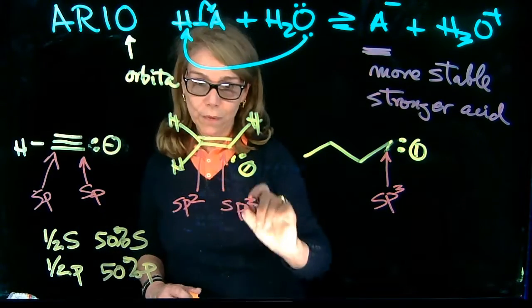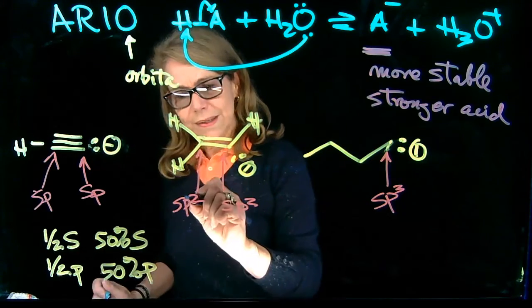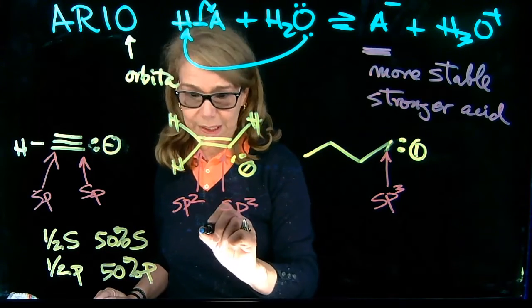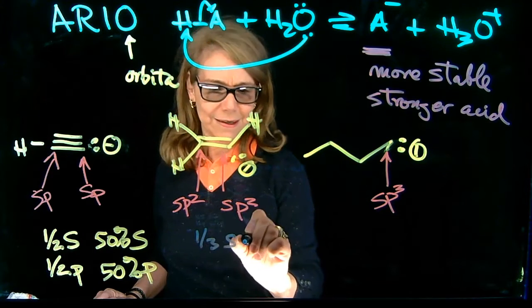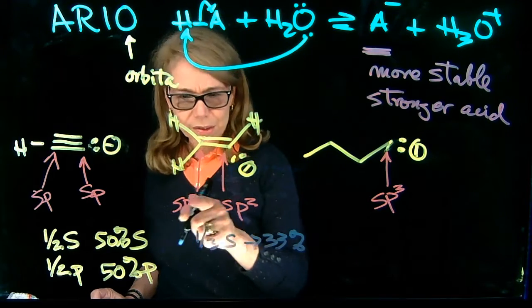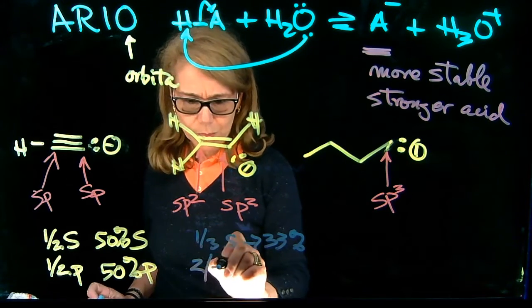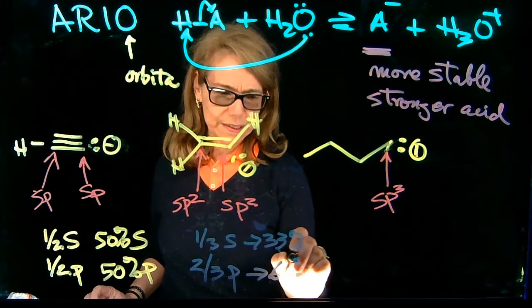Now, when I form the hybrids here, I am mixing one s-type orbital with 2 p's, meaning that 1 out of 3 orbitals is s. That's about 33%. And 2 out of 3 are p orbitals, about 66%.